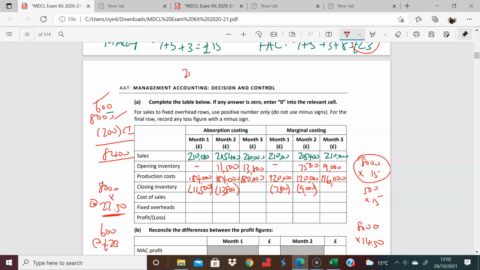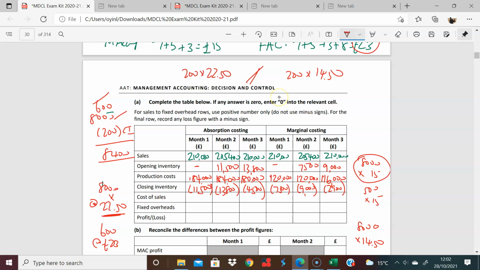So 200 times £22.50, and also we have 200 times £14.50. So let's do that. 200 times £22.50 is 4,500. And then we have 200 times £14.50, and that's 2,900.